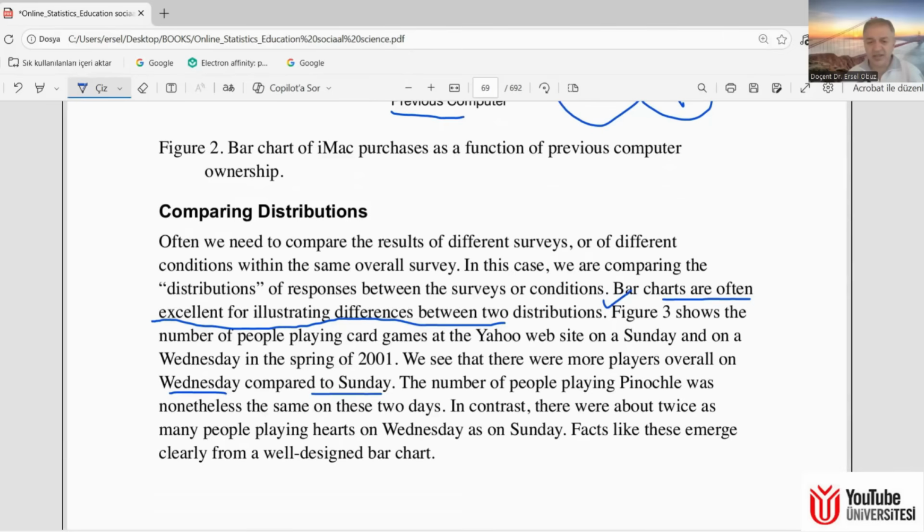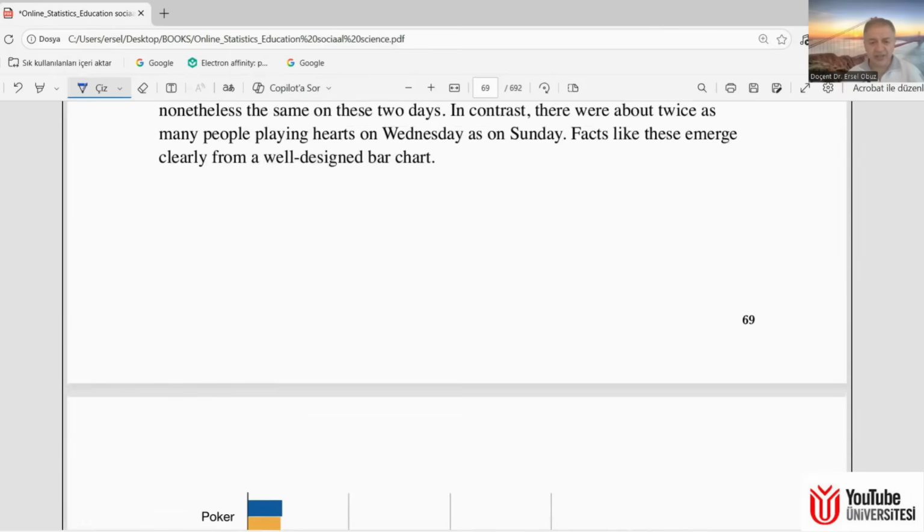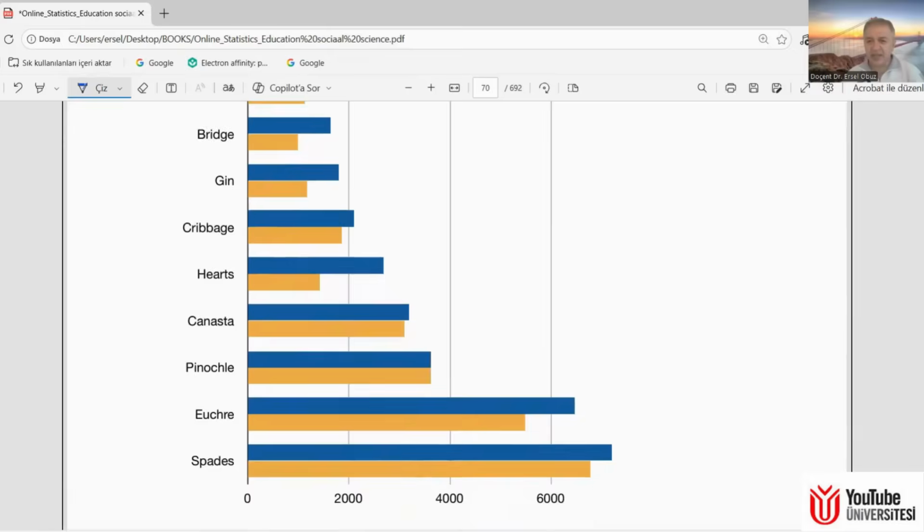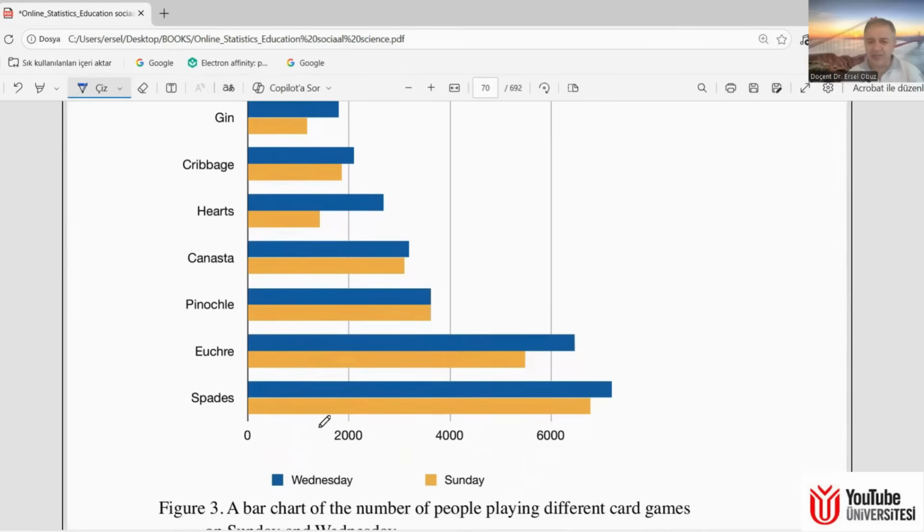Here is another example. People play some card games on different days, either Wednesday or Sunday. Wednesday is marked in blue, and Sunday is marked in yellow.